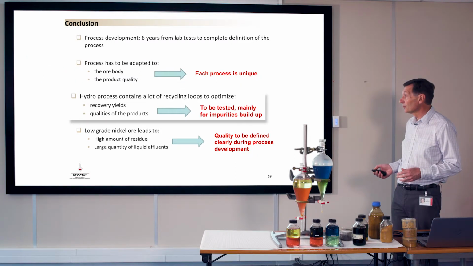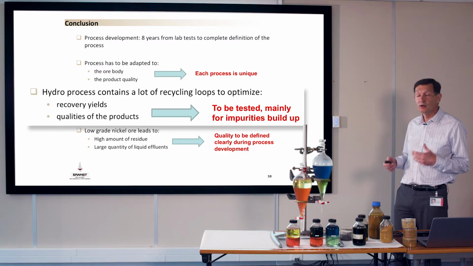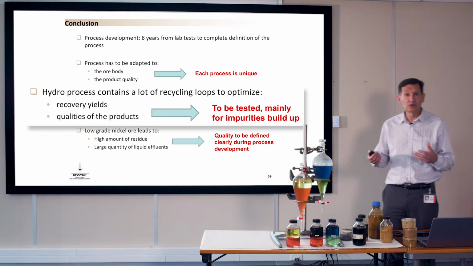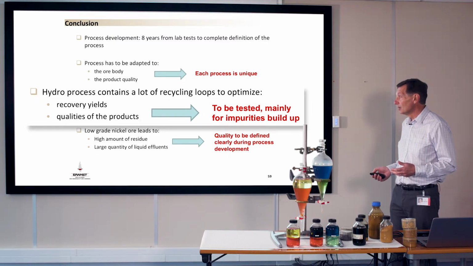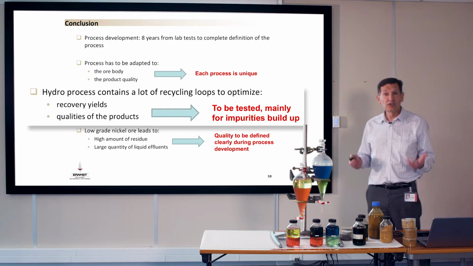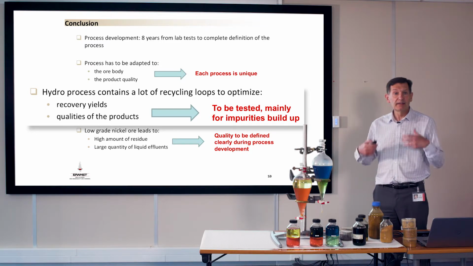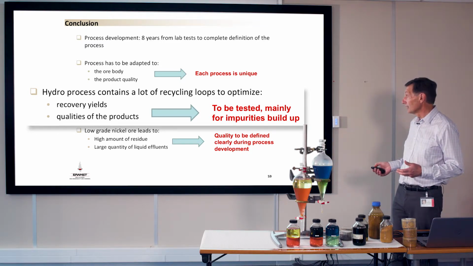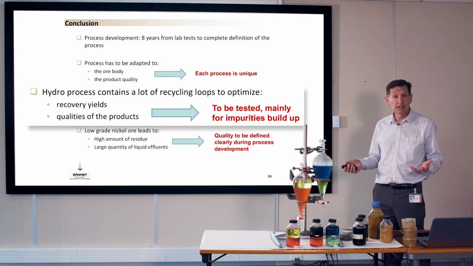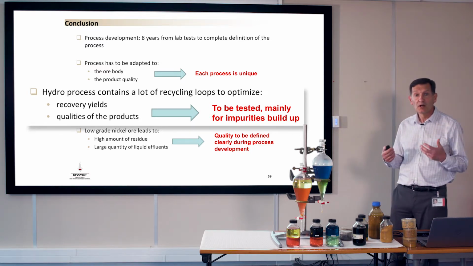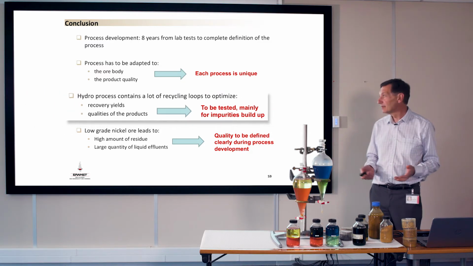I presented to you also that hydro process contains a lot of recycling loops of solution and of solid, and it's very important to increase the recovery yield of nickel and cobalt and to improve the quality of the product. And these loops have to be tested in a continuous way, and that's the reason why you have to do these very huge and very long campaigns, pilot campaigns.